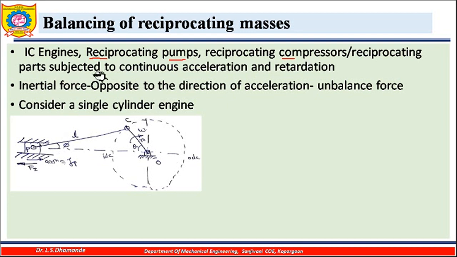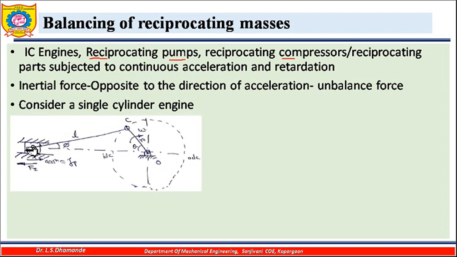These are subjected to continuous acceleration and retardation. It means if I consider such a single slider crank chain mechanism, this is generally used in IC engines or in pumps or compressors, which are particularly reciprocating.